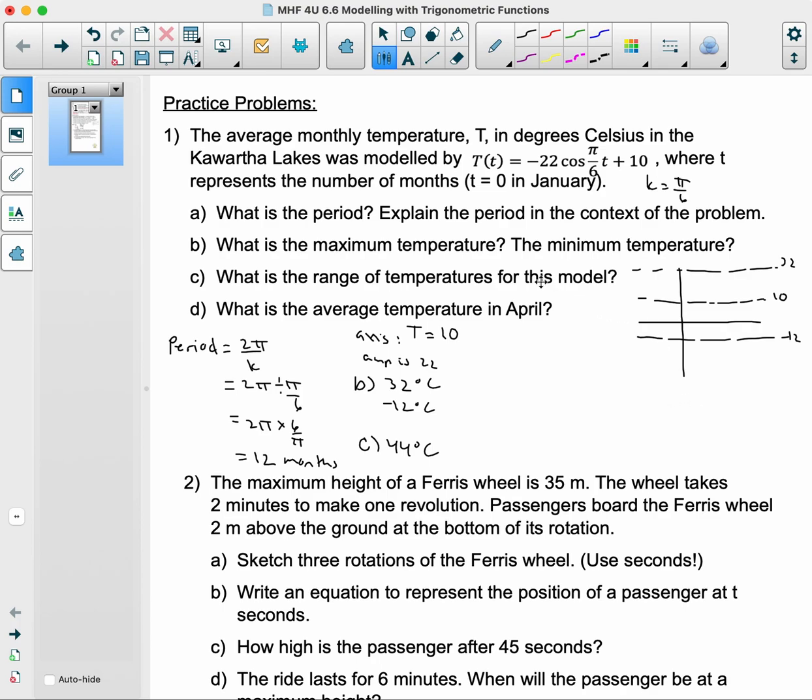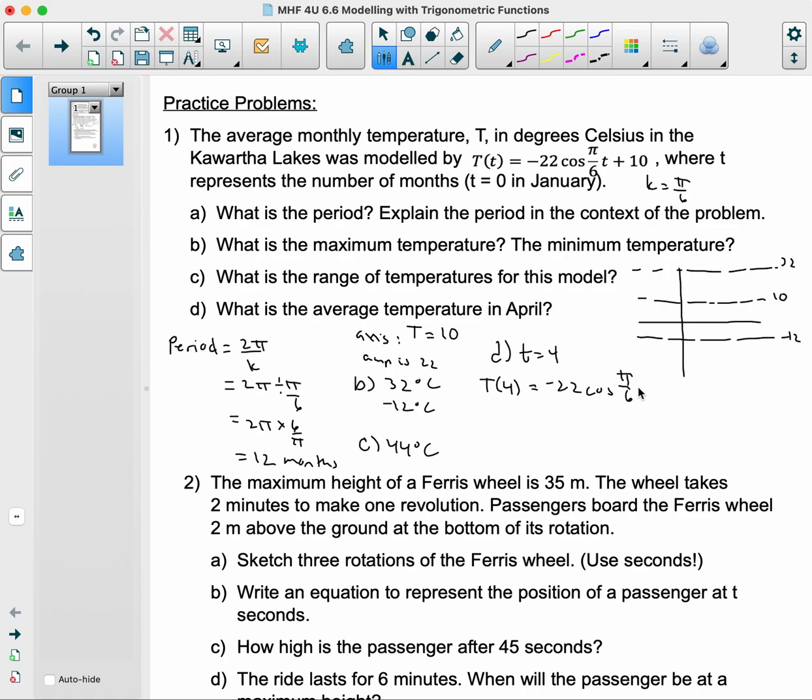And then when it asks for the average temperature in April, that's where we're going to maybe do a little bit of math, right? So for part D, t equals 4, so you can do the math, or you might be able to work from your graph, depending how well you've drawn. Okay, but all that this is asking me to do is this, and we might have to make some connections back to the beginning of the chapter.